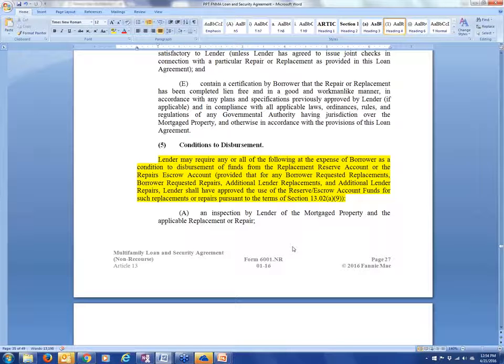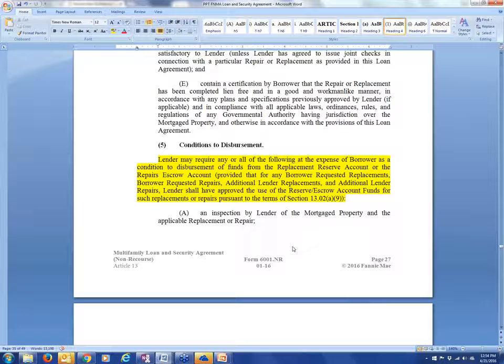And all of these other companies set their companies up differently as long as they comply with the Fannie Mae guidelines. So when it comes to a reserve replacement disbursement, all of these different minions can do it differently, because Fannie Mae says lender may do it this way, or they may not.